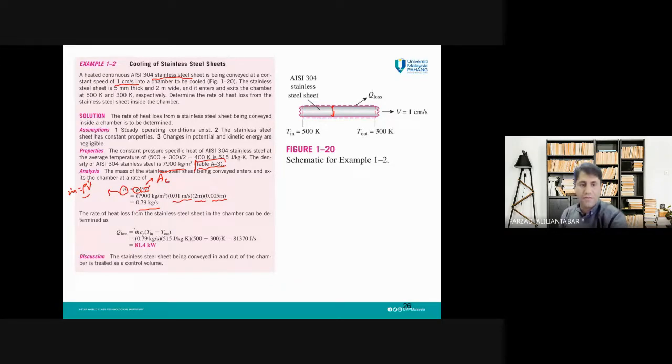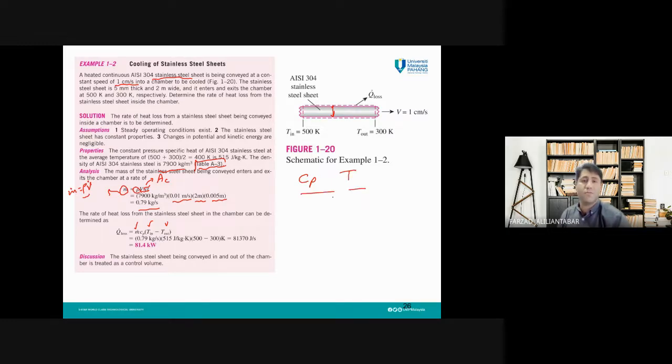Okay, so we already have m dot, T in, and T out. How about Cp? As I told you, for Cp, or specific heat for different substances, we need to refer to the tables which we have. So you need to go to the tables. In those tables, we have something like this. For example, Cp for a substance, here stainless steel, at different temperatures.